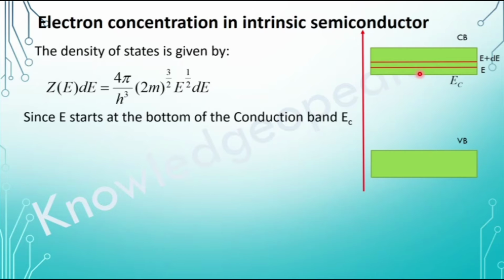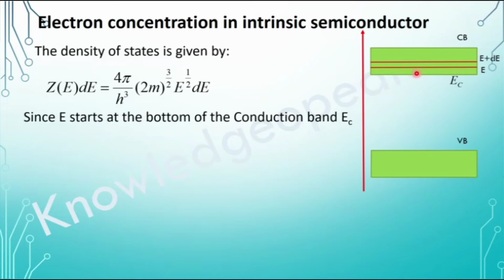As I have already told you, the free electrons in an intrinsic semiconductor exist in the conduction band, and holes are found in the valence band. The conduction band starts with an energy EC, which is known as the bottom of the conduction band. Below EC there are no free electrons available, and hence we will be calculating the electron concentration above EC.